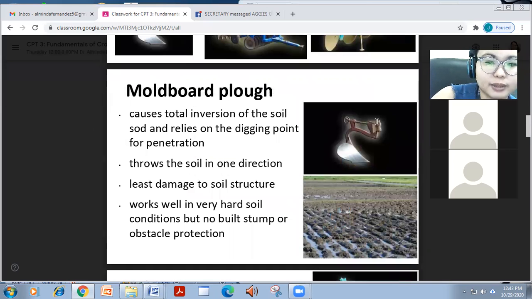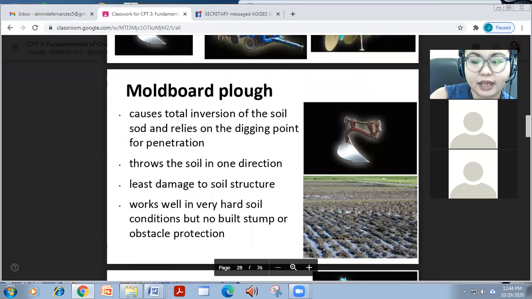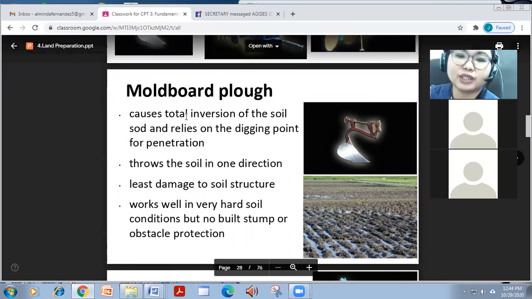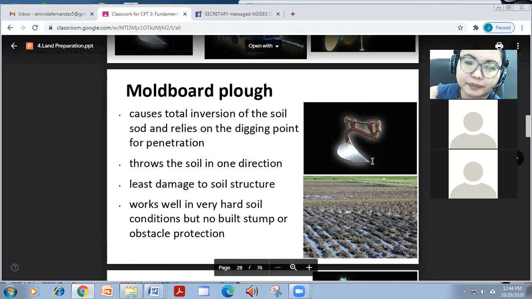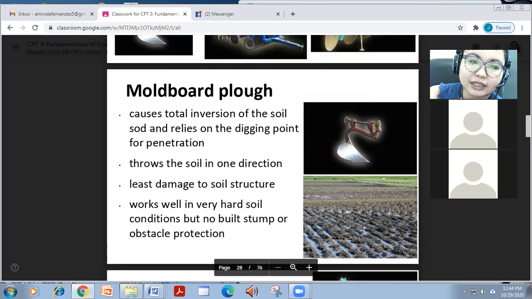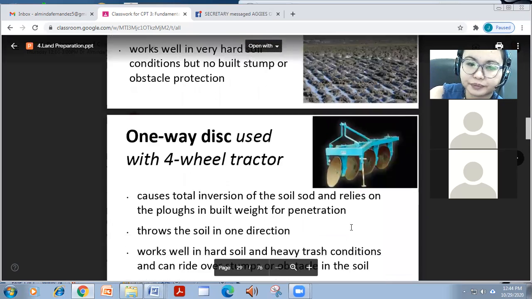For the moldboard plow, this is the result. It inverts the soil sod and relies on the digging point for penetration, and throws the soil in one direction only, which causes least damage to soil structure. It works well in very hard soil conditions, but has no built-in stump or obstacle protection.